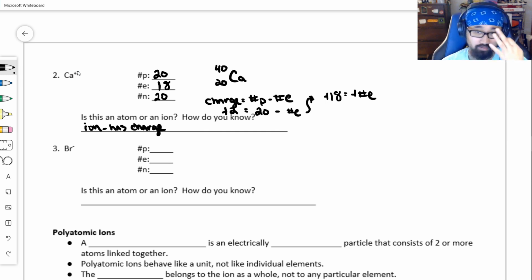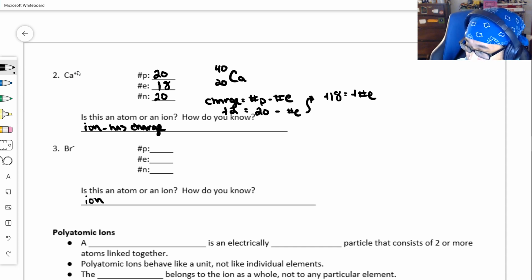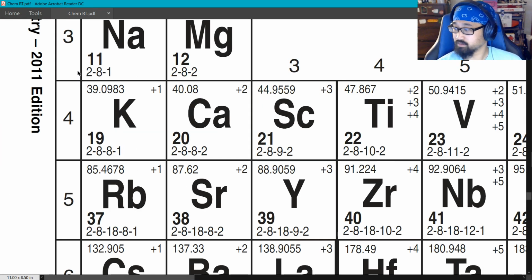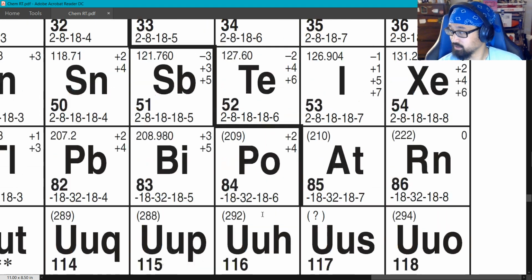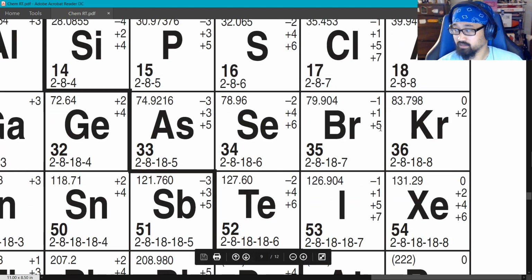Let's take a look at this third example, the second one on this page. Br minus. Again, this is an ion because it has charge. Bromine. This time I actually have to go this way. So here's bromine, right here. Atomic number 35.